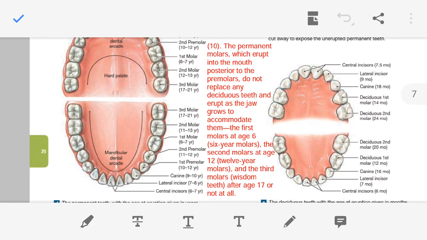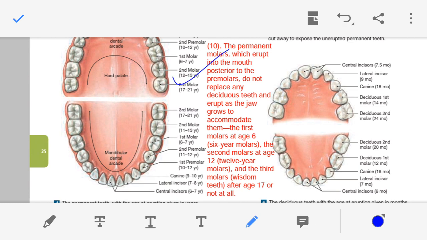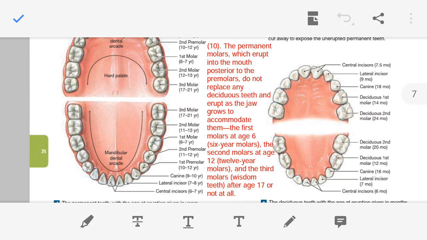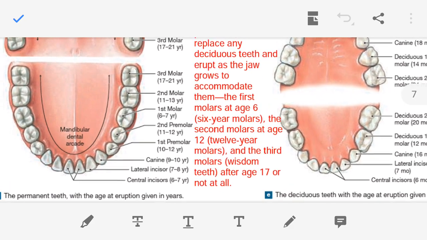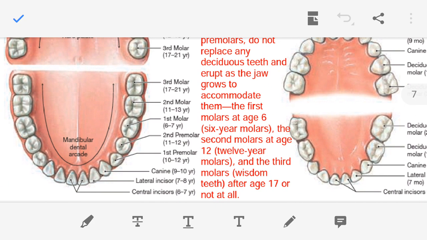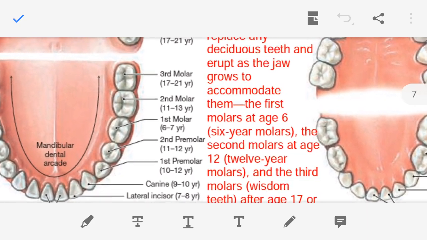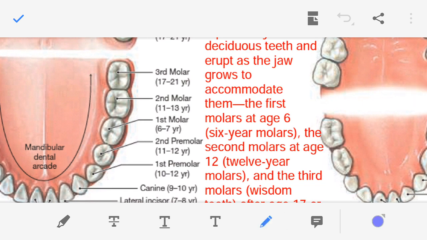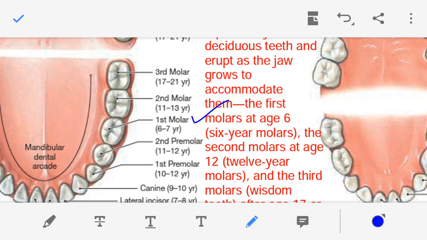That is the meaning of this point. Now here you can see at what age these molars are erupting. The first molar erupts at the age of 6 to 7 years.